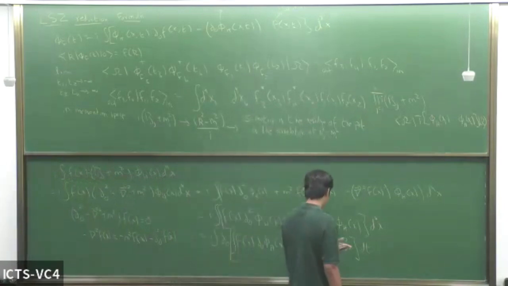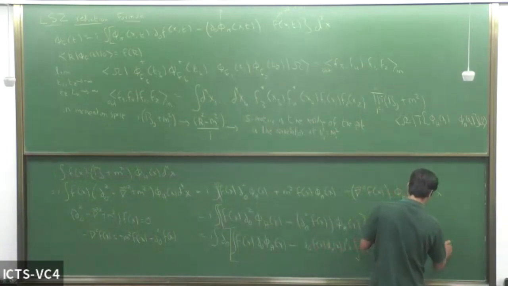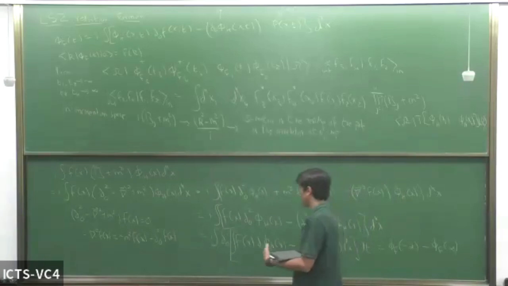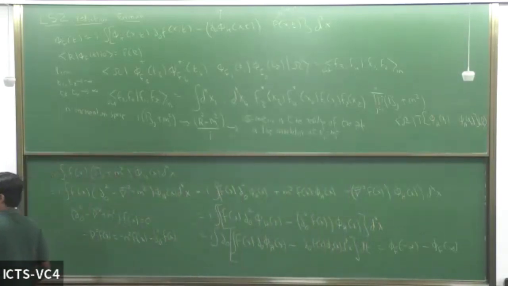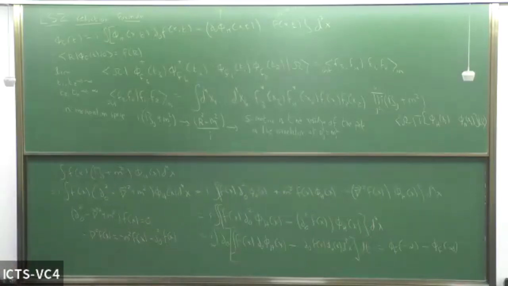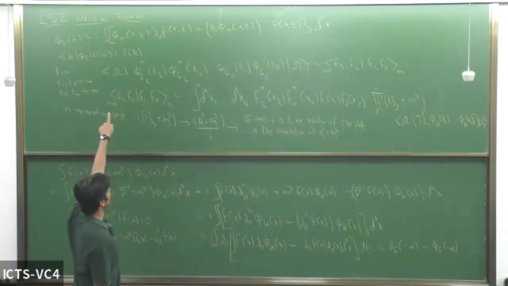And this boundary term looks like phi f of minus infinity minus phi f of infinity. Because this quantity that we've defined, actually we can check with what we had above. You see, this quantity that we have defined is just minus phi f based on how we defined it there.